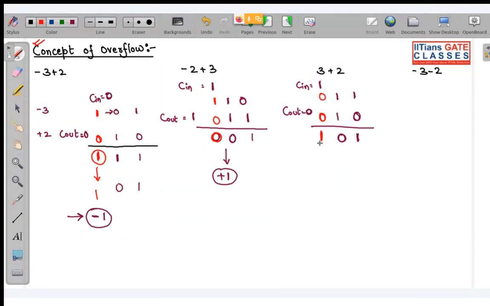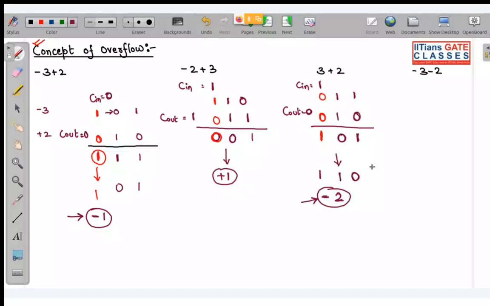So that is indicating that this number 101 in 2's complement representation is a negative number. So if I calculate the original number, that will be 1, and if you take 2's complement once again, this will be 10. So this is minus 2. How is 3 plus 2 minus 2? So there is something wrong over here.